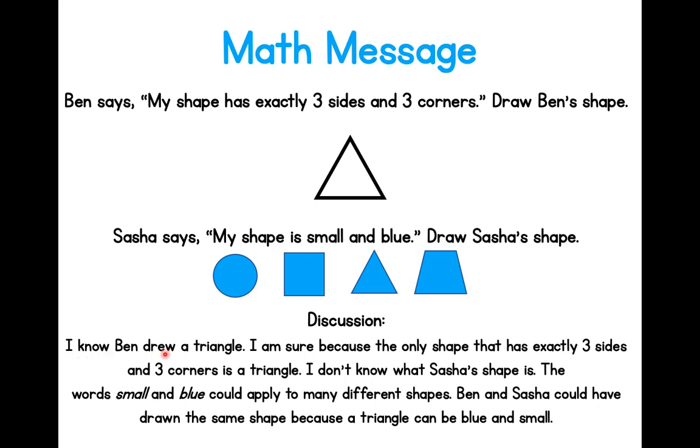Well, I know that Ben drew a triangle, and I'm sure because the only shape that has exactly 3 sides and 3 corners is a triangle. I don't know what Sasha's shape is. The words small and blue could apply to many different shapes. Ben and Sasha could have drawn the same shape because a triangle can be blue and small.